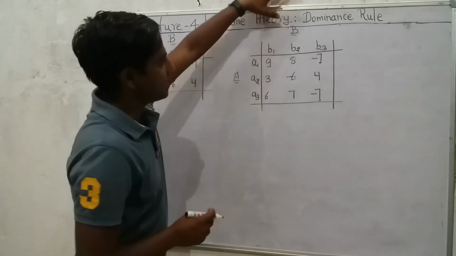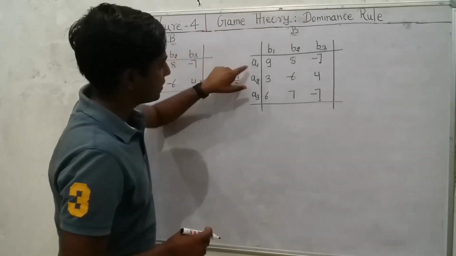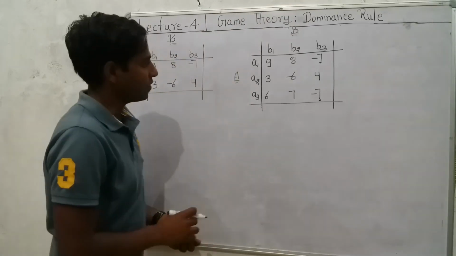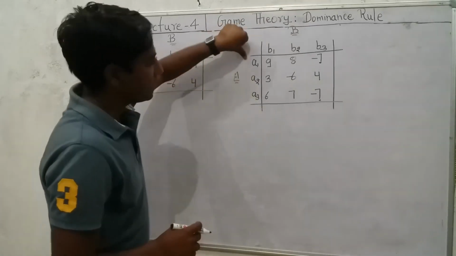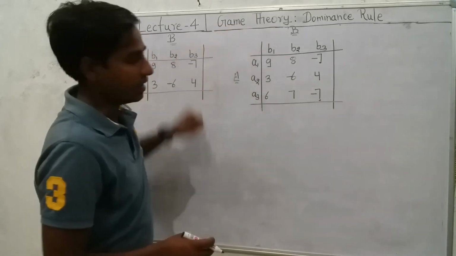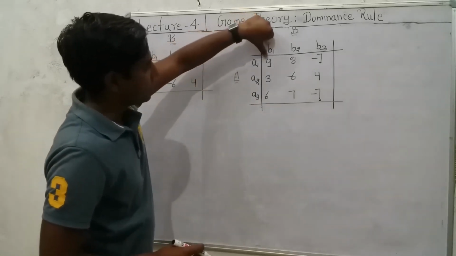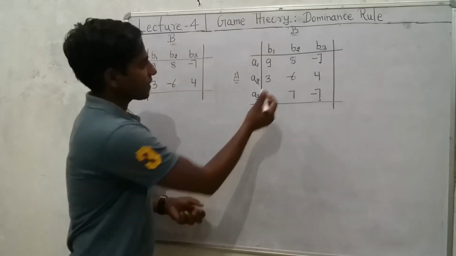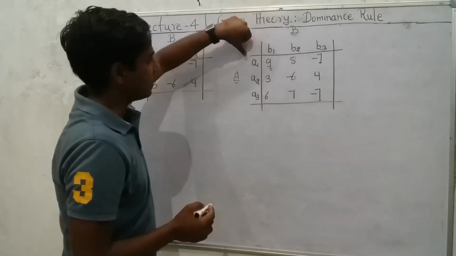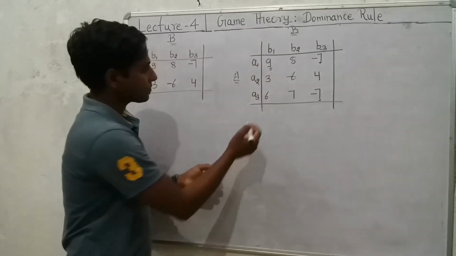Regardless of the strategies adopted by company B, company A would prefer to employ the A1 strategy over the A3 strategy, because in every case A1 gives more gain or profit to company A in comparison to A3. Like in the first element, if company B adopts the B1 strategy, then the gain of A would be equal to 9% of the market share or anything.